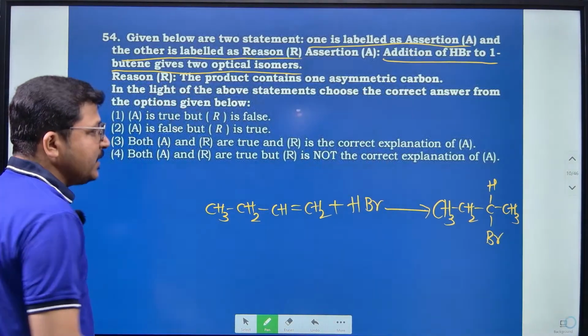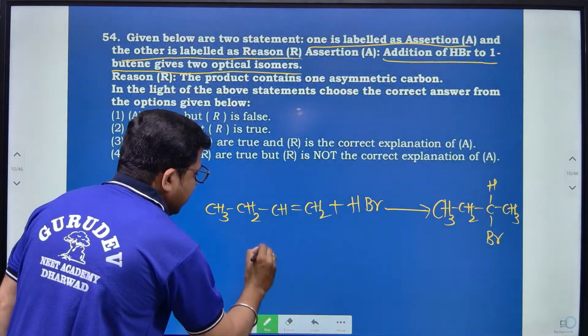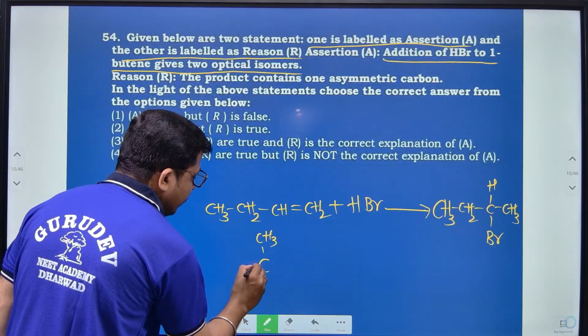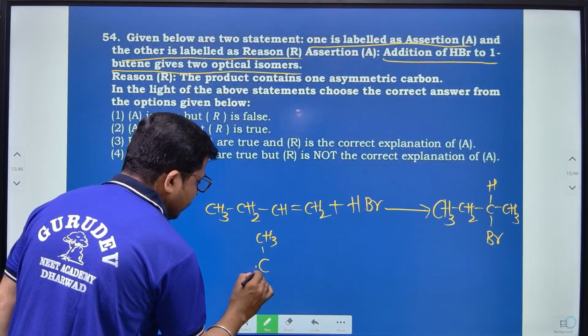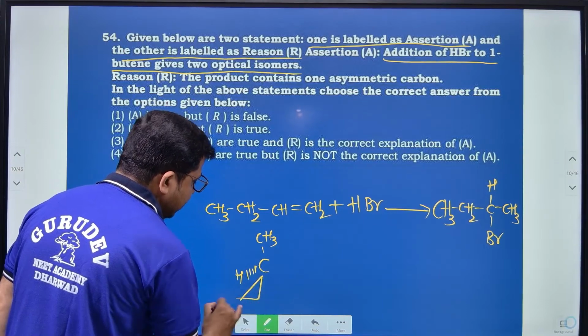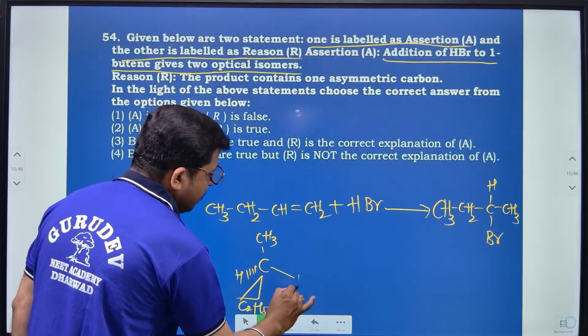I will write it in the form of isomers: CH3, H, C2H5, and Br.